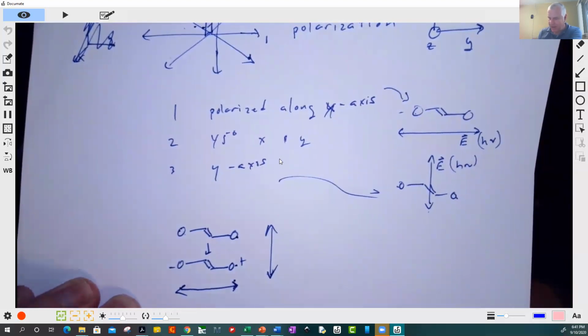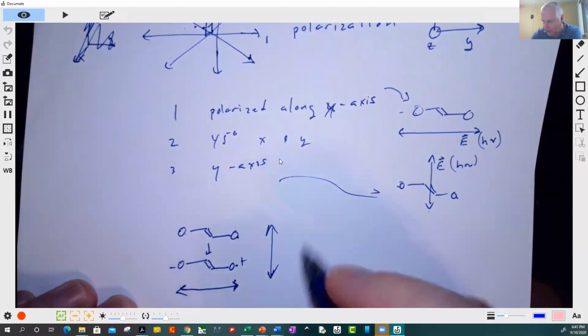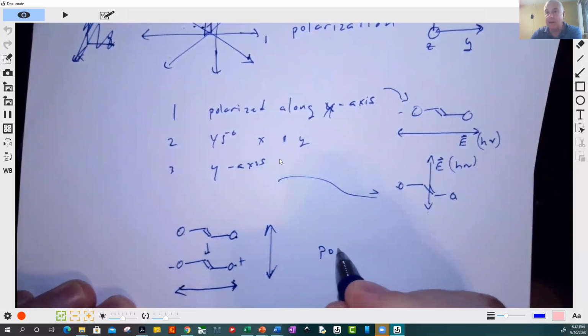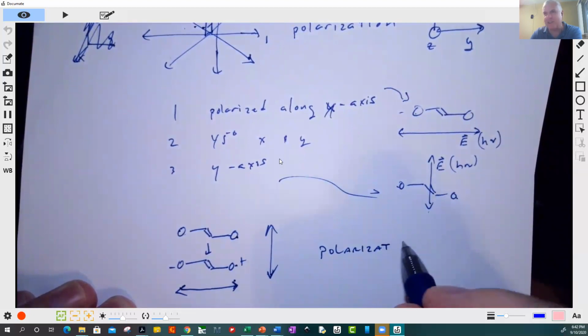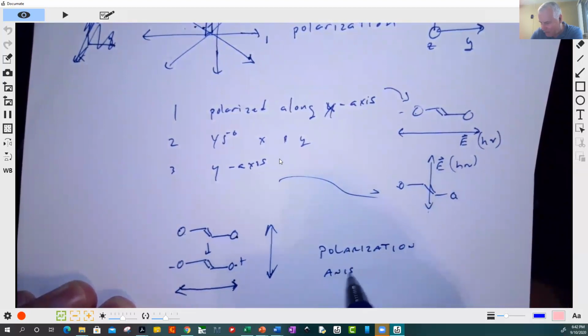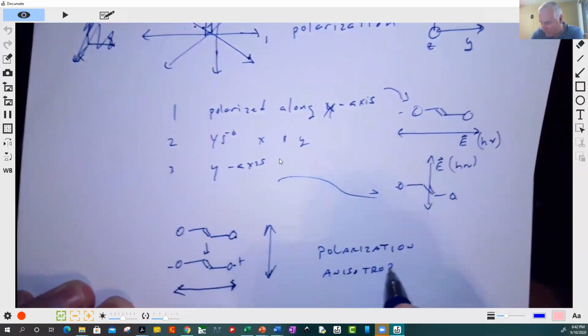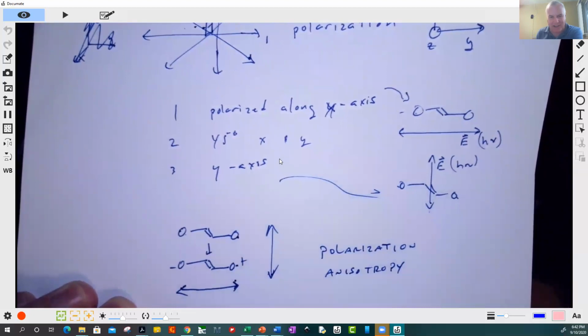So this is called polarization anisotropy. Oh, so weird. If I'm looking at the screen and writing, there's a little delay. It freaks me out. So I have to look at the page, not at the screen.